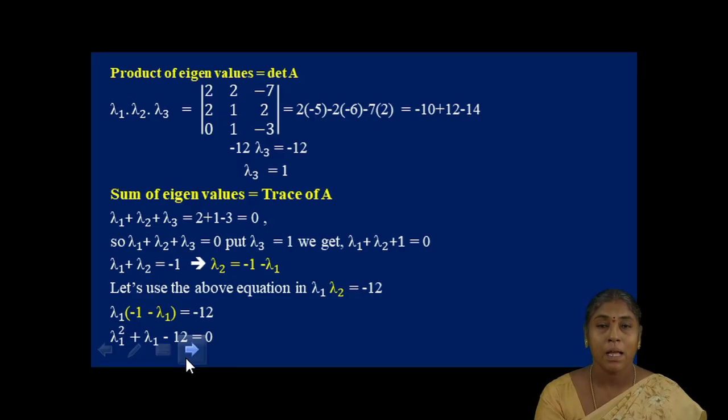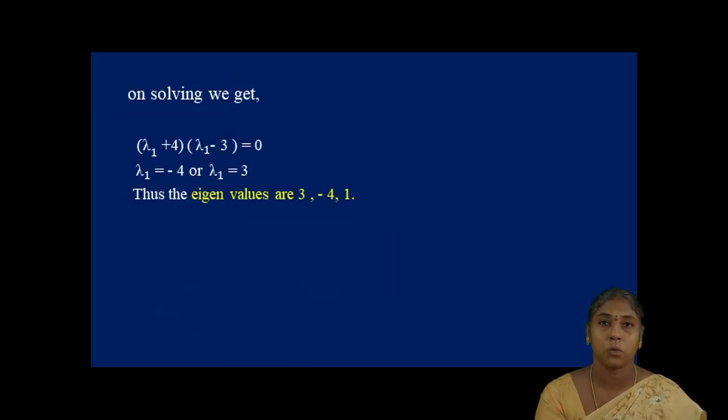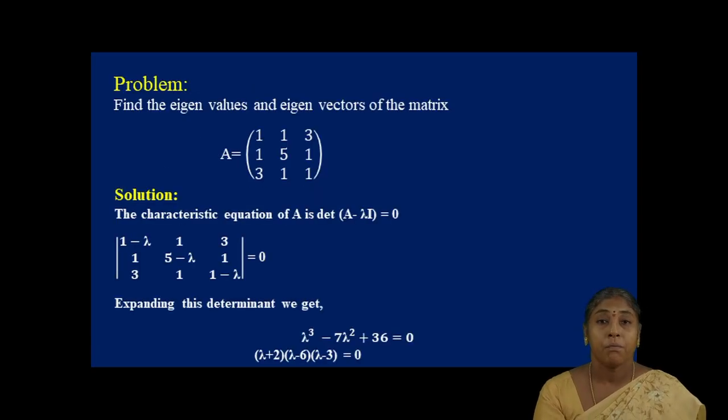On solving it, we get lambda 1 plus 4 into lambda 1 minus 3 equal to 0 and hence lambda 1 is equal to either minus 4 or 3. So, we get the three eigenvalues as 3, minus 4 and 1. So, a 3 cross 3 matrix has 3 eigenvalues.